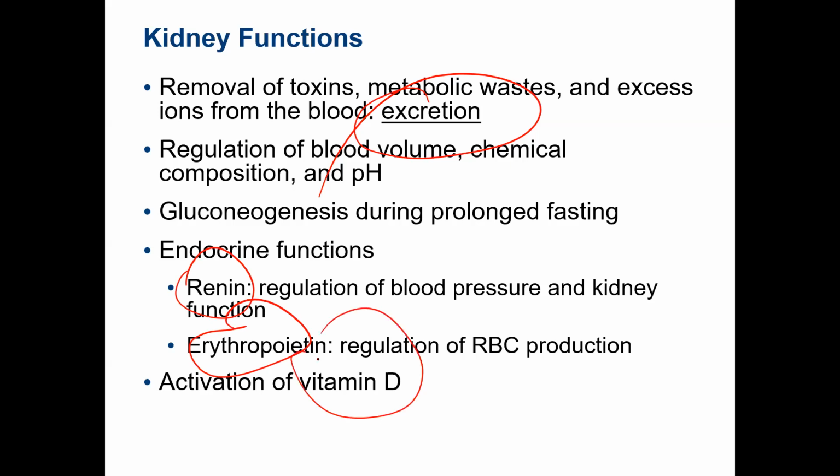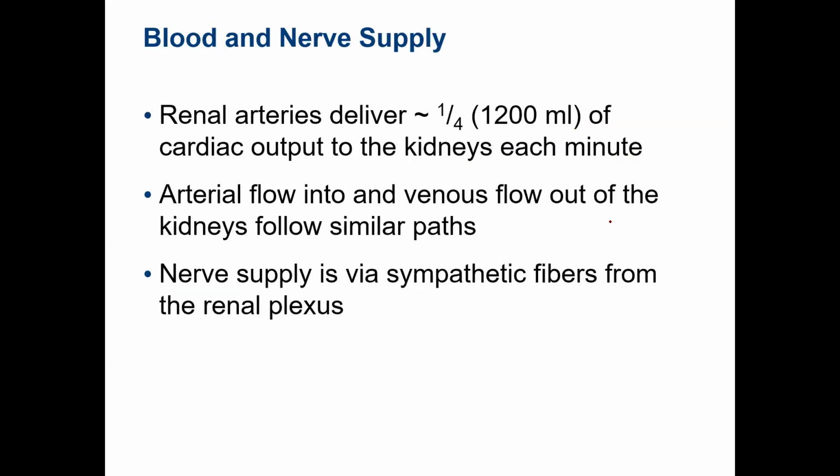Kidneys are also one part of the manufacture of vitamin D. About a quarter of cardiac output goes through the kidneys every minute. Kidneys actually filter the entire volume of your blood 60 times a day. So they're doing a lot of work.